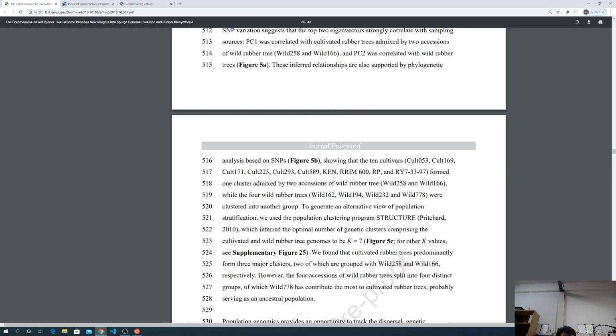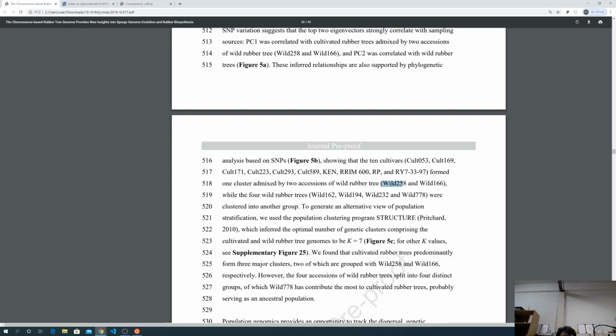So with regard to the phenotype, it is really distinct between cultivated and wild. But I really hope they say what the exact phenotype of these two admixed wild accessions is.